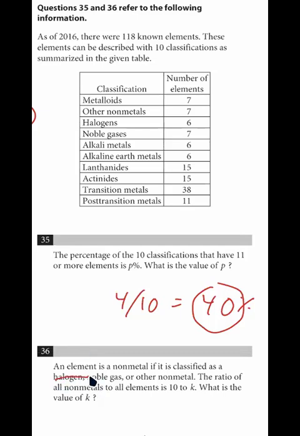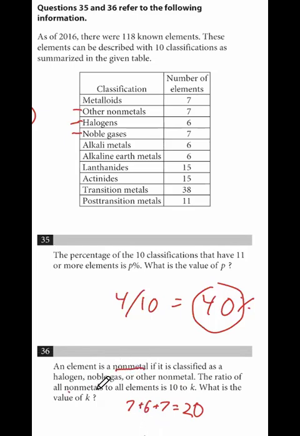Non-metal is halogen, noble gas, or other non-metal. So halogen, noble gas, or other non-metal. Those three. In that case, that would be 7 plus 6 plus 7, which is 20. And that's what it is if it's a non-metal.